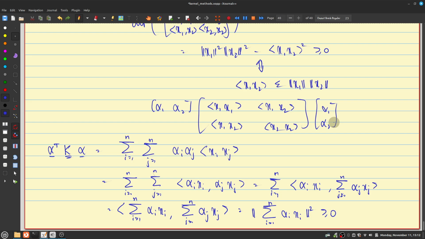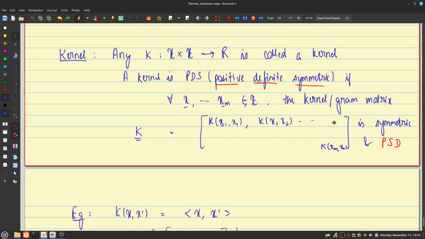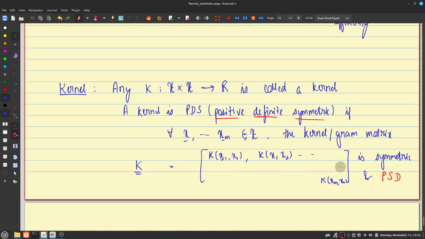Can we prove that it would be true for m naught plus 1? May not be. I mean, just for instance, going from 1 to 2. One is a different case, but apart from one, in general, that may not be true. So we must show that the corresponding Gram matrix is PSD for all m.